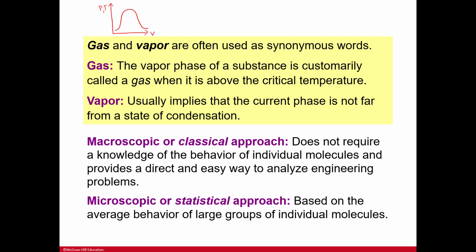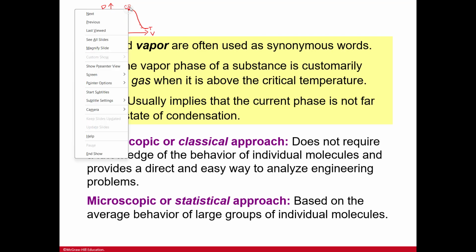So right here at the very top of this bell curve is the critical point, or the critical temperature. Here is pressure, and this line that I just drew is temperature.